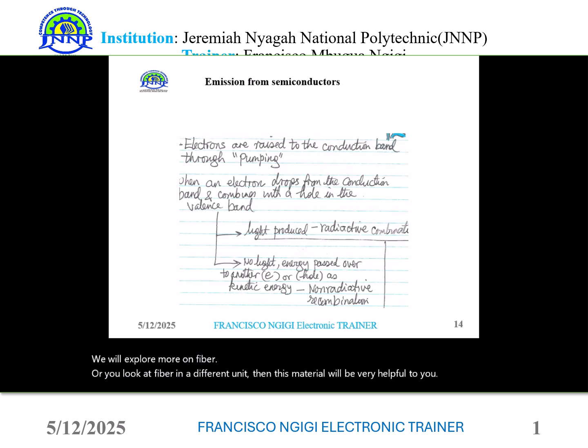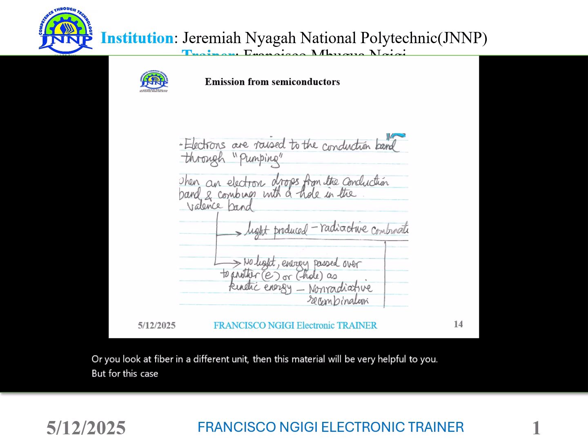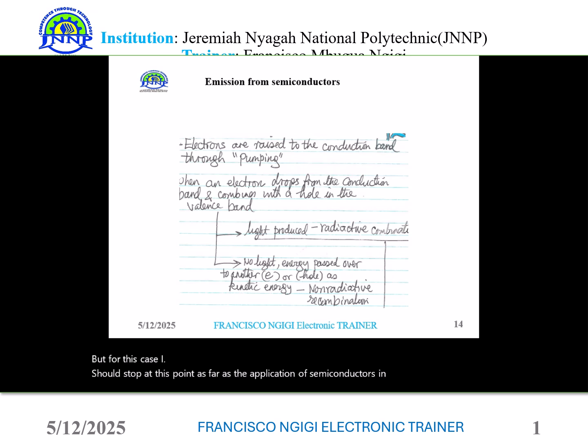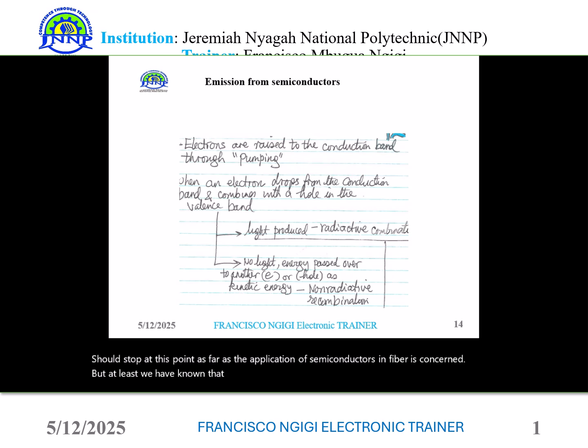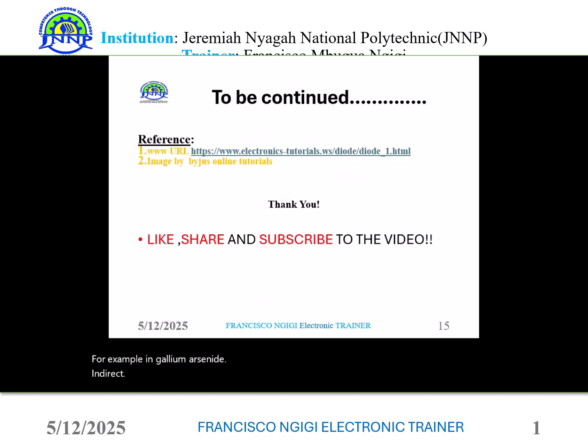But for this case, I should stop at this point as far as the application of semiconductors in fiber is concerned. But at least we have known that we have two types of band gap: the direct, for example in gallium arsenide, and the indirect for silicon and germanium.